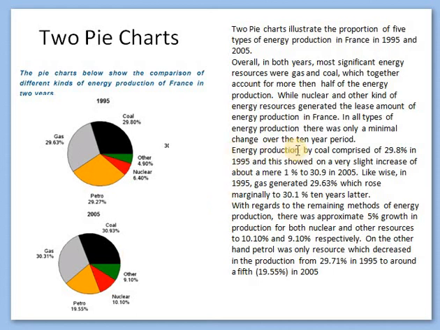The energy production by coal comprised 29% in 1995 and this showed a very slight increase of a mere 1% to 29.9% in 2005. So it shows a mere almost 1% increase in 2005.